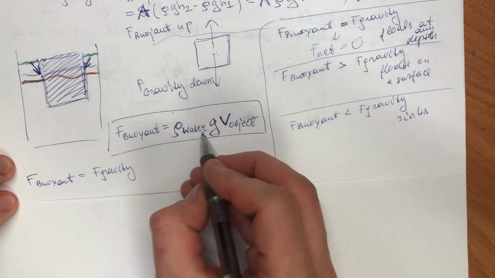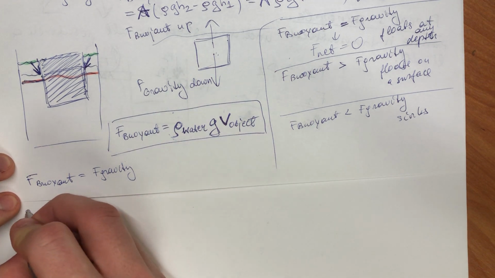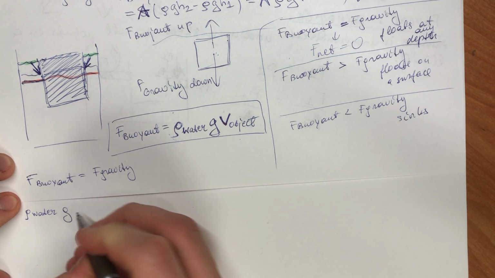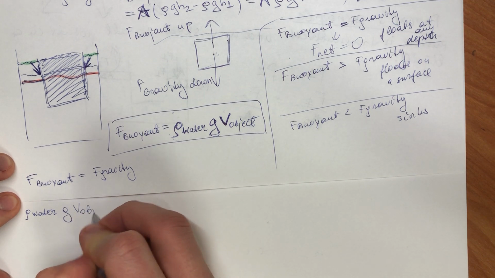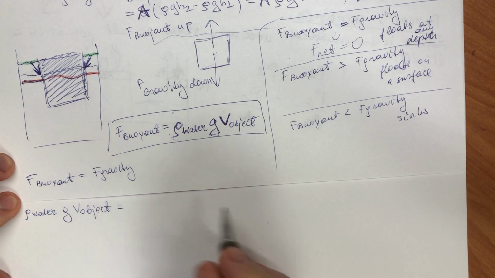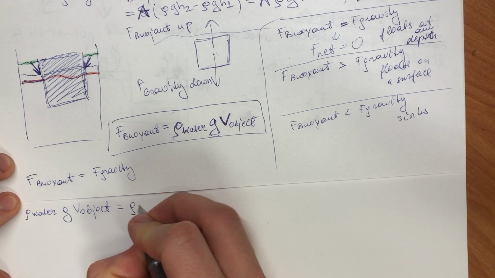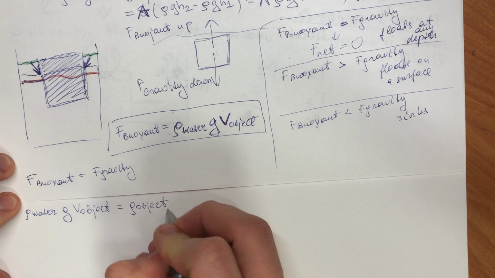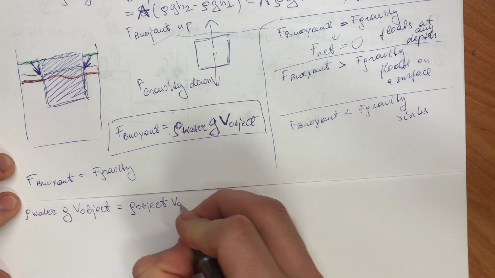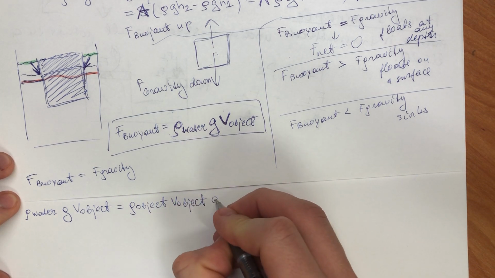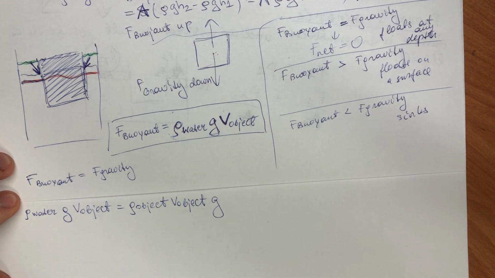So what is the buoyant force? Buoyant force is rho of water, g, V object. And gravity is rho of object times V of object, because it's mass, and g, acceleration due to gravitational force.